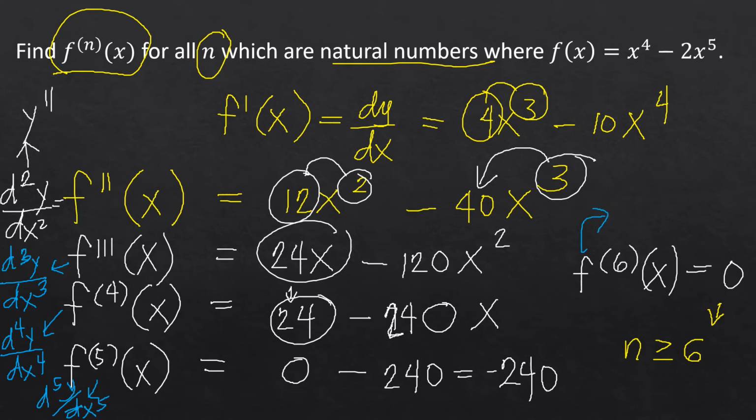Sixth derivative, we have ganyan. Okay, just be very careful on the notation para mas maintindihan ninyo. Mas pinaka-ginagamit ang mga ganitong notations here. The d cube y, dx cube, and others. Basta pakatandaan, if this is 6, that is also 6. Hindi pwede 5 ito, tapos 4 naman ito. It's a violation of the rule.